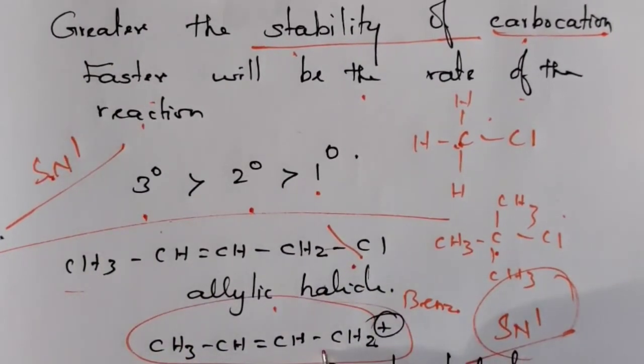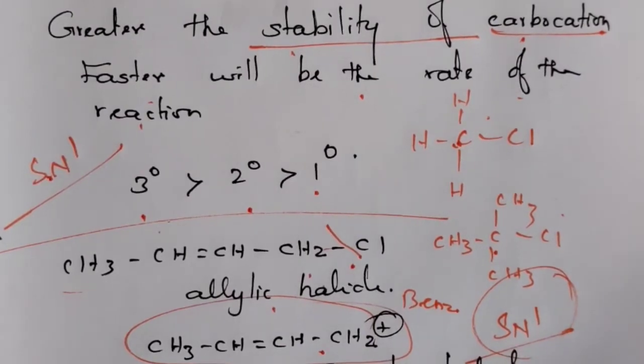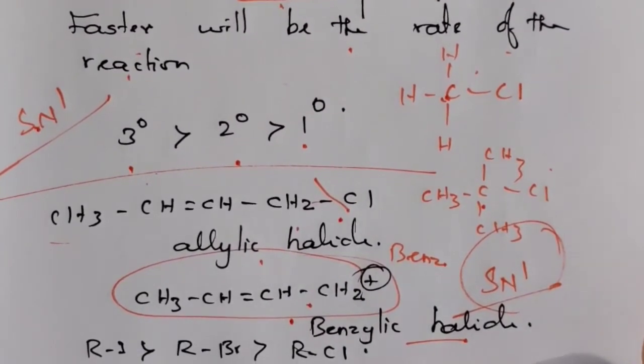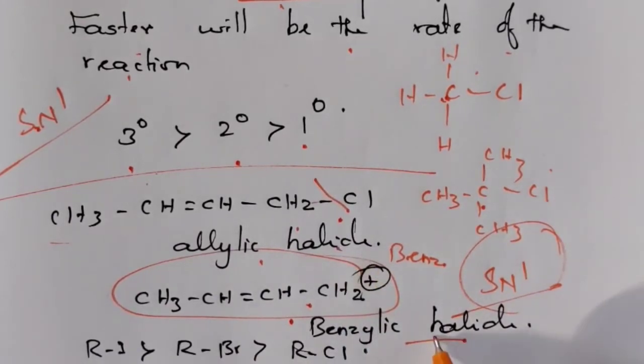This carbocation formed from the allylic halide is stabilized by resonance. In the same way, for the benzylic halide also, the carbocation formed is stabilized by different resonance structures. On this basis only, allylic halides and benzylic halides are faster in the SN1 mechanism.